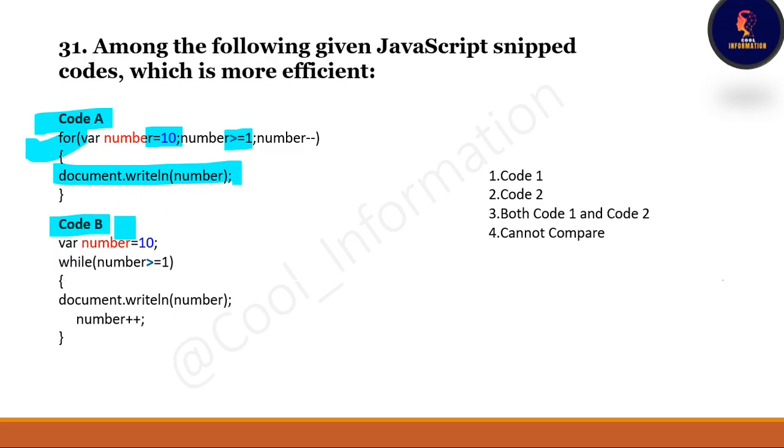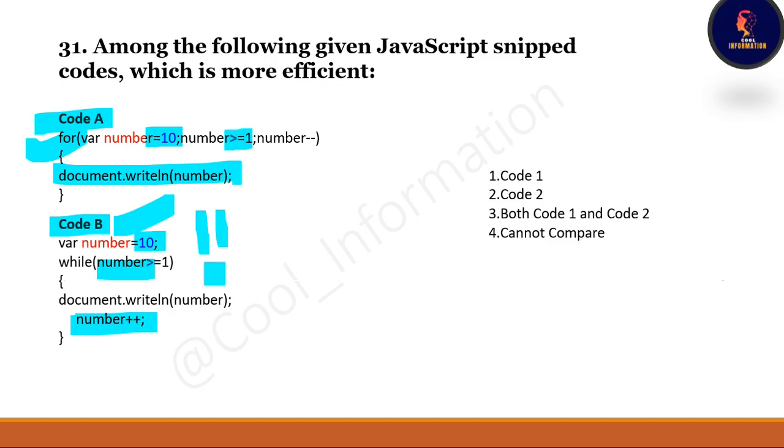And if you talk about code B, we declared a variable number as 10 and we write a termination condition, number is greater than or equal to 1. Now see, we are incrementing the number, number plus plus, after every iteration. Number is 10, the loop will execute for the first iteration, the condition is true, the loop is entered and the number will increment to 11, and similarly the number keeps continuously increasing.